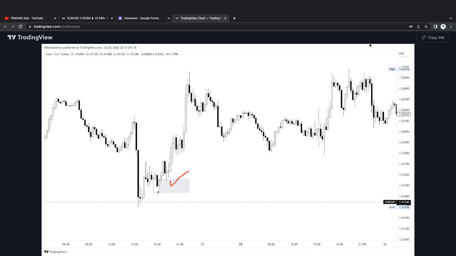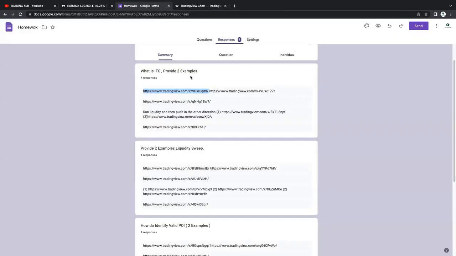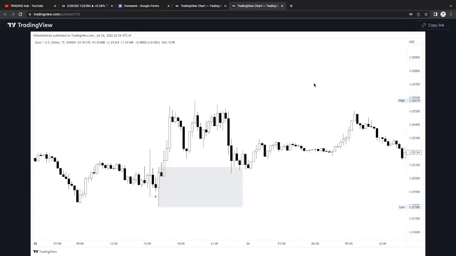And now let's switch to another. As we can see here, this one is marked and this is the actual IFC. In this case, the market actually filled the imbalance.